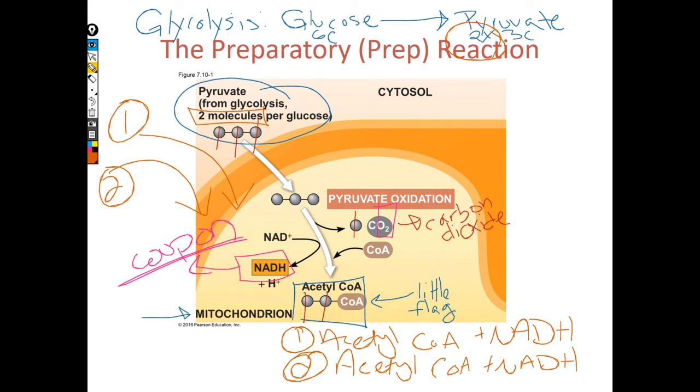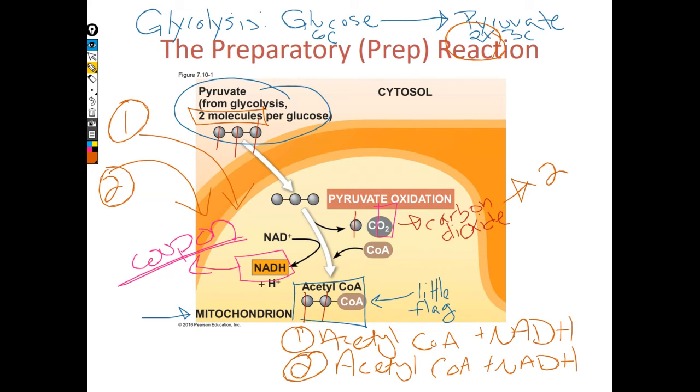Okay, so this is why it was so important that we really focused when we were doing glycolysis that we got 2 pyruvates, so we could hang on to the fact that we would then have 2 pyruvates when we got to the prep step. Right, because now we're going to have 2 acetyl-CoAs and 2 NADHs. Of course, we let off 2 of these too. We're not going to hang on to the carbon dioxide.